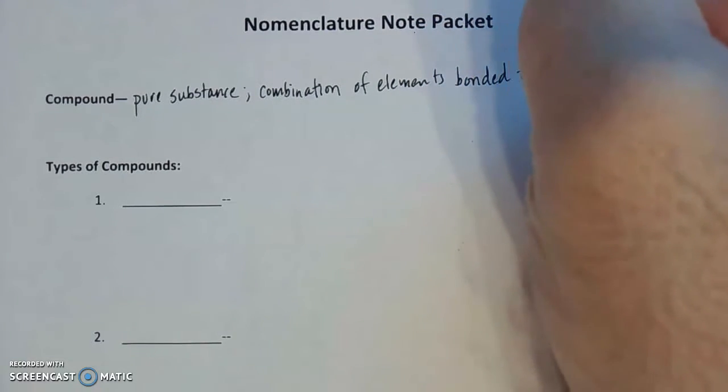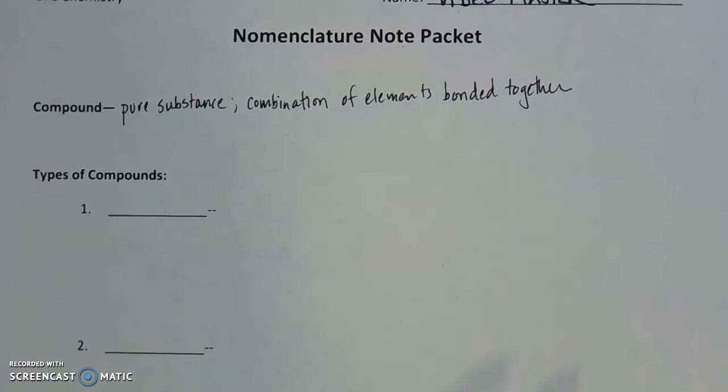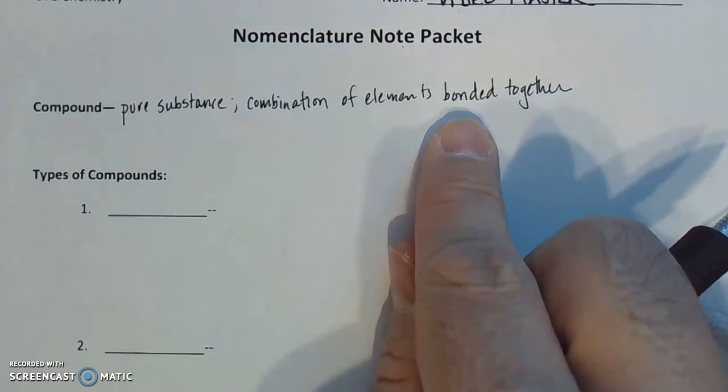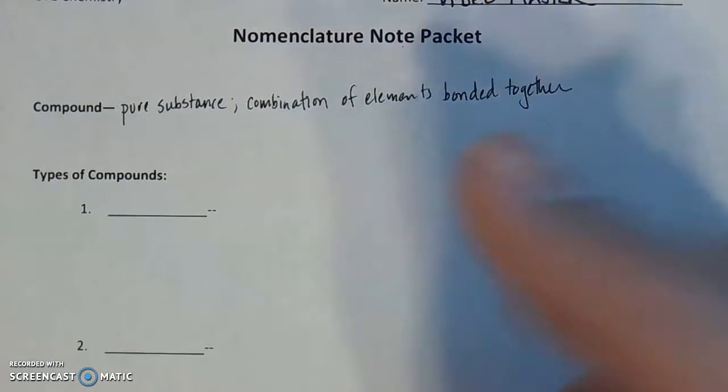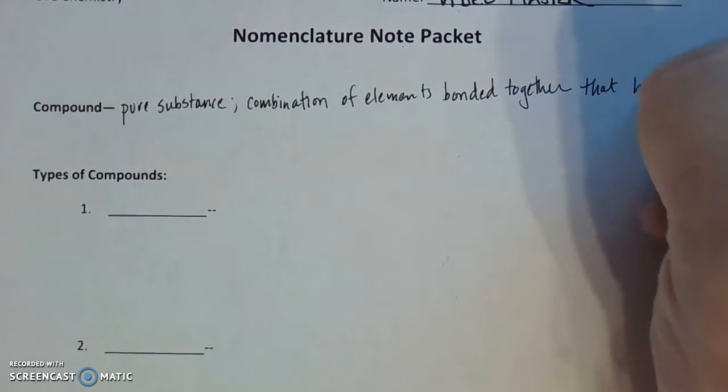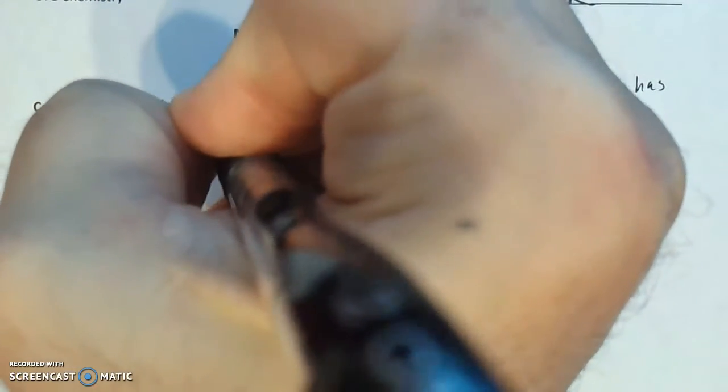So this is where last unit comes together, because we talked about how different elements bond together to form compounds. And this compound has different properties than its elements part.